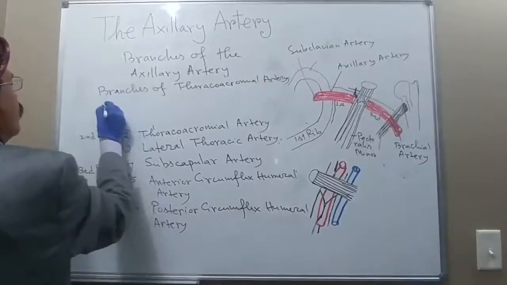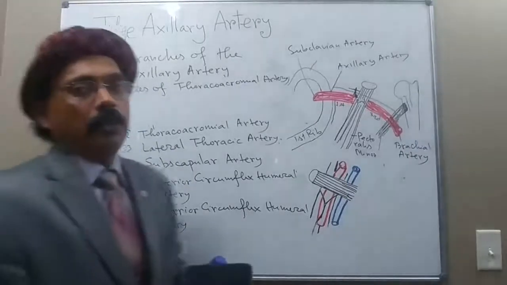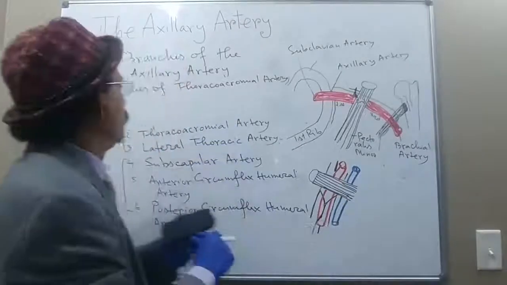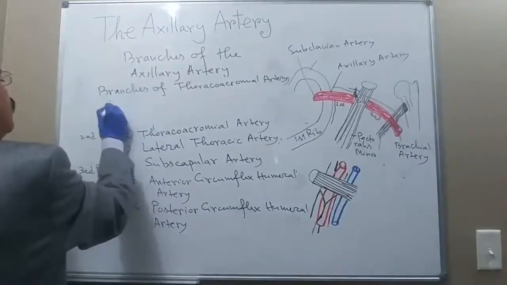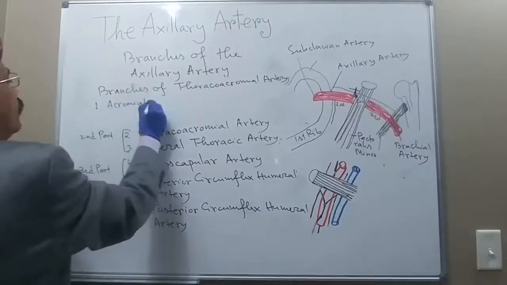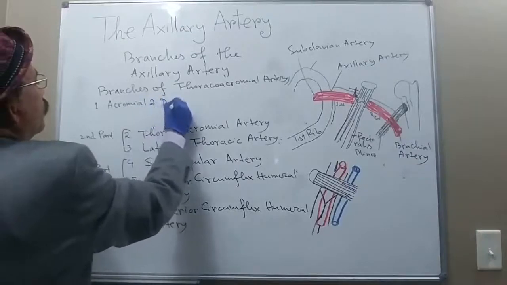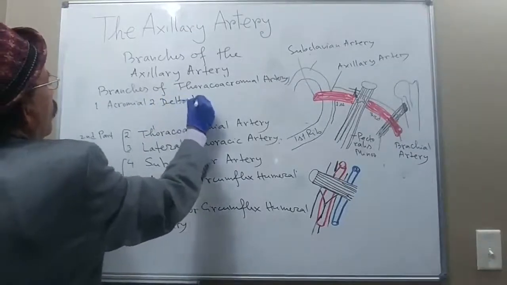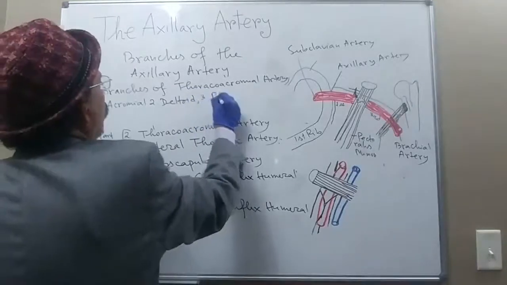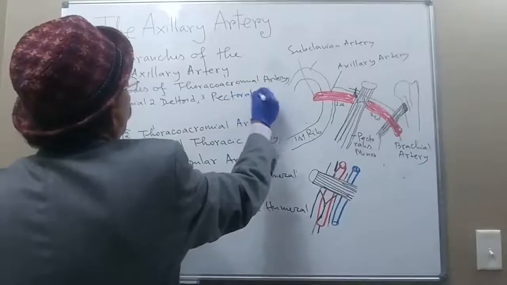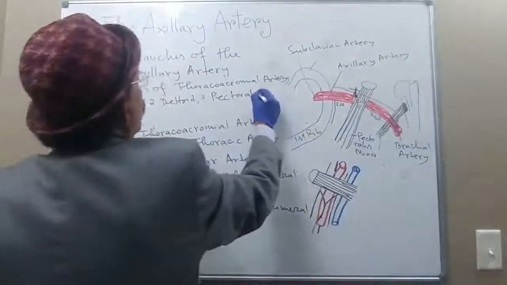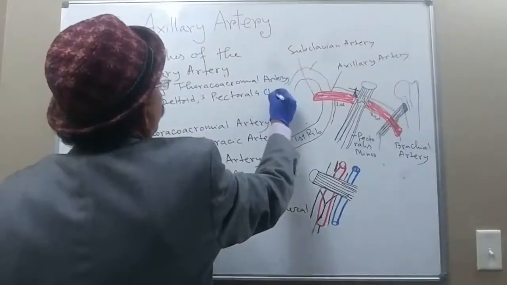It has branches like that, if you just put your hand on the shoulder: acromial branch, deltoid branch, pectoral branch, and another one is the clavicular branch.